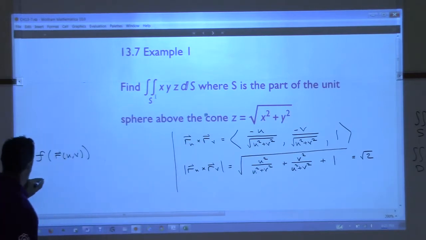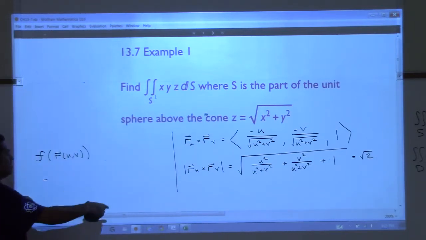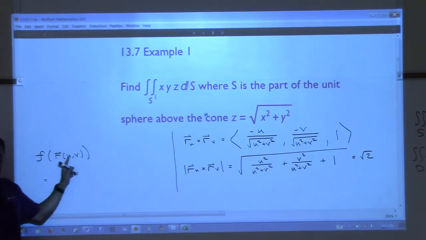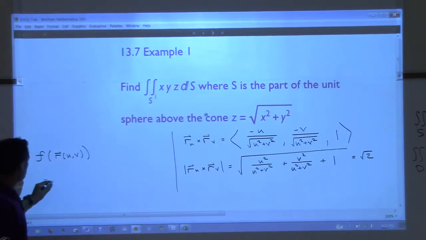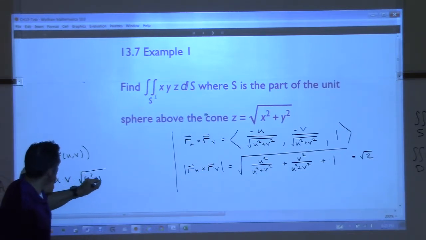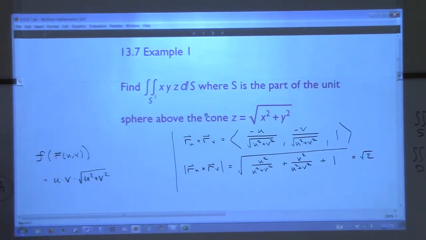So this just means I'm going to take x times y times z, but I have to be looking at the x from this thing, the y from this thing, and the z from this thing, which I just erased. Okay, so the x was what? u. The y was v, and then the z was square root of u squared plus v squared. So that's what this is, right?